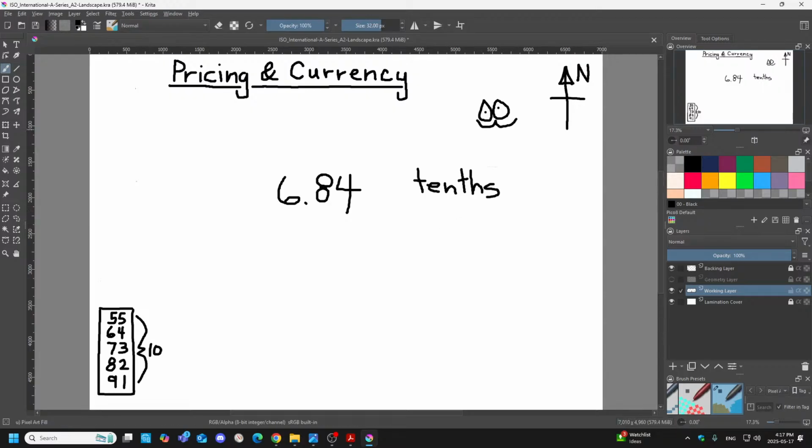Remember that, it's kind of key. So that means we're rounding to this position. That's tenths. Looking at the number beside it, which is 4, 4 is less than 5, therefore there's no rounding, so we end up with 6.84.